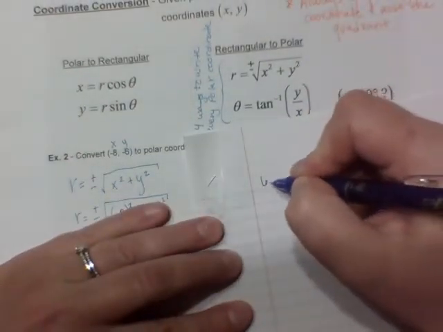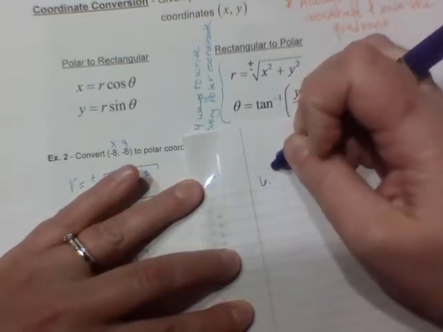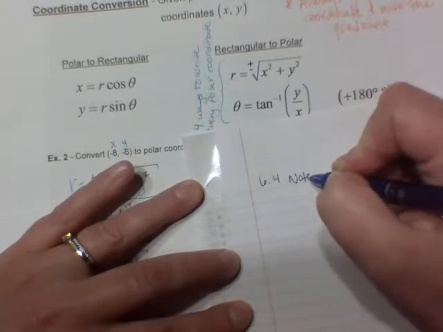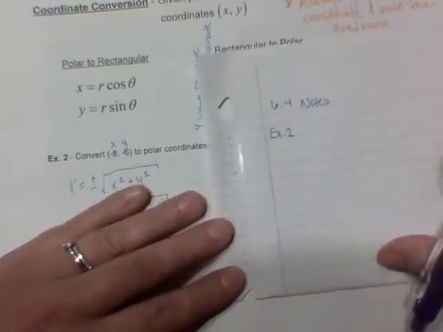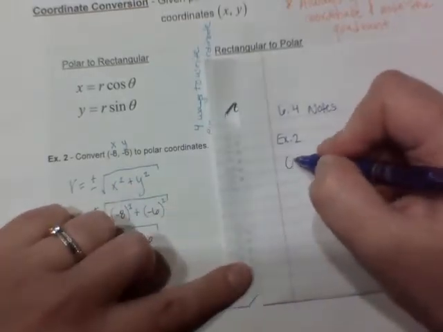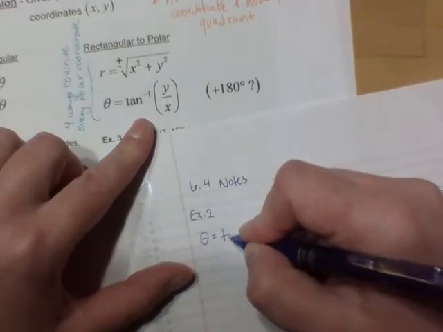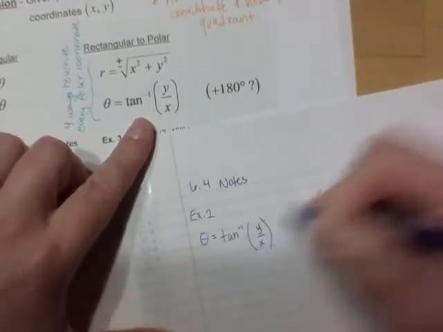So here we are with example 2 in the 6-4 notes. Okay, so anyway, we are now trying to do theta, and theta is the tangent inverse of y over x.